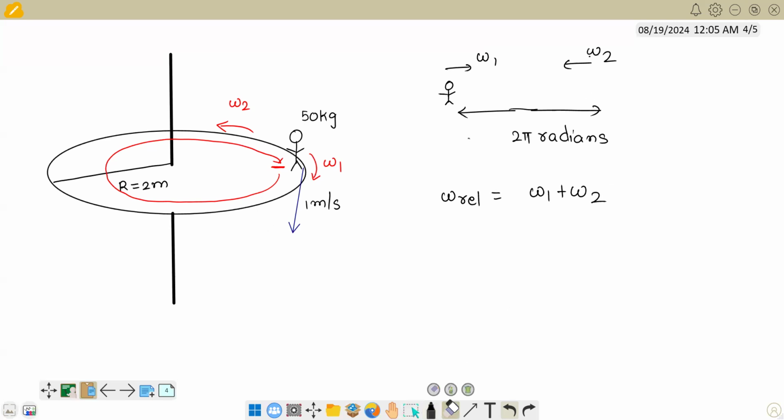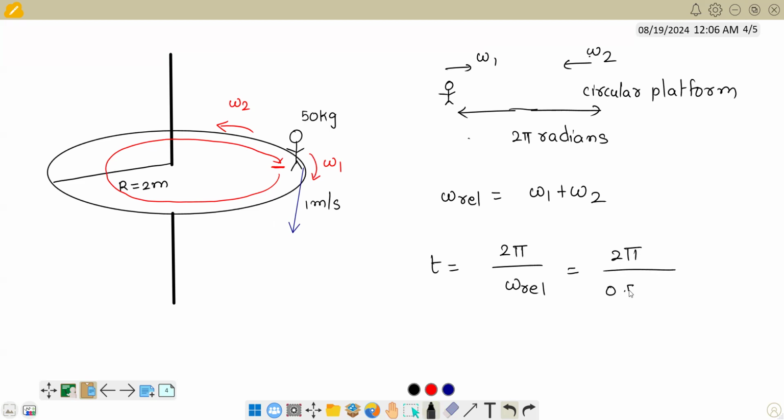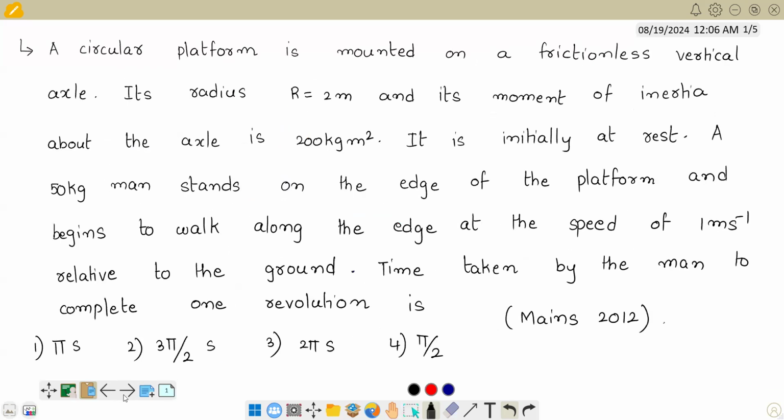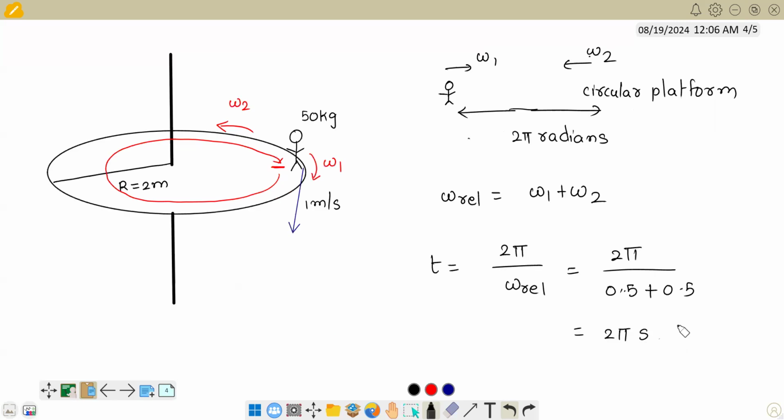So time equals 2 pi by omega relative, which is 2 pi by 0.5 plus 0.5, which is 2 pi seconds, which is my option 3.